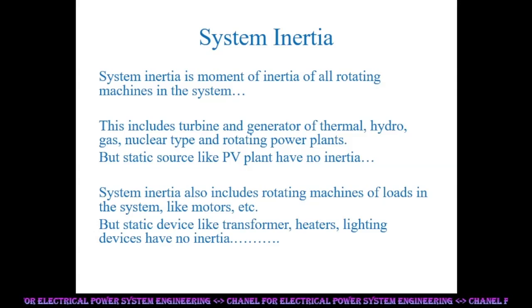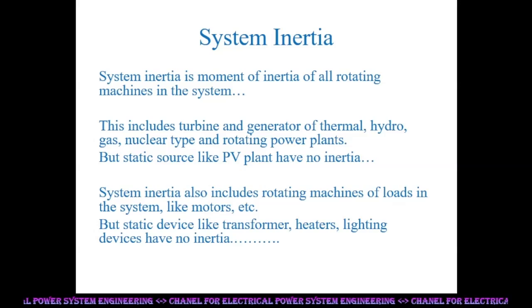System inertia is the moment of inertia of all rotating machines in the system. This includes turbine and generator of thermal, hydro, gas, nuclear type rotating power plants. But static sources like PV plants have no inertia.